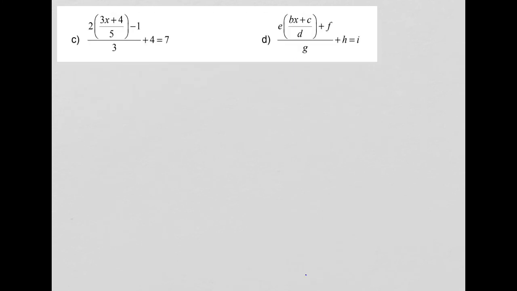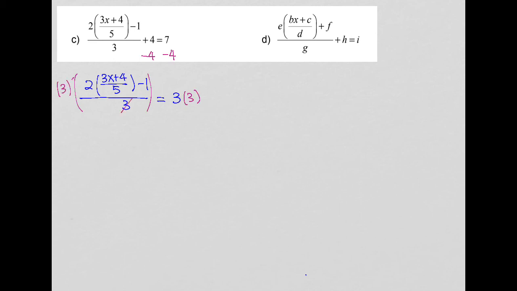Moving on to C. So you will see something plus 4 equals 7. So the first thing I do is subtract 4 on this side, and subtract 4 on the other side. I will get 2 bracket (3x plus 4) over 5 minus 1 over 3 equals 3. And let's get rid of the denominator, so that's times by 3 on both sides.